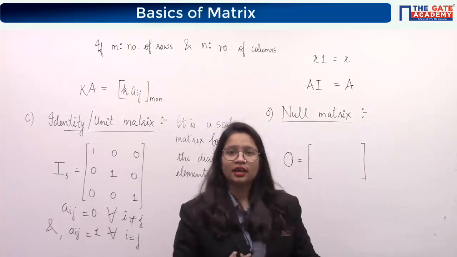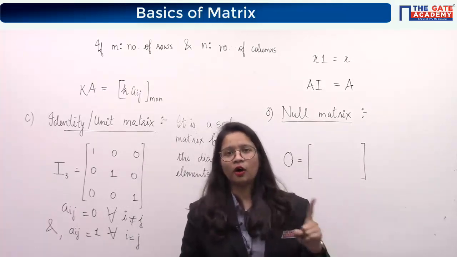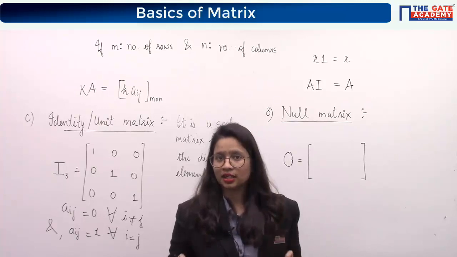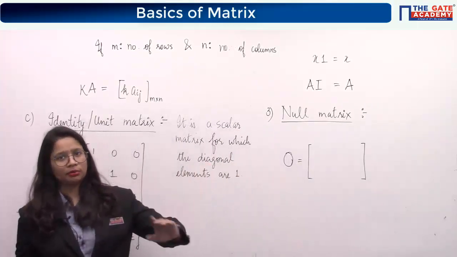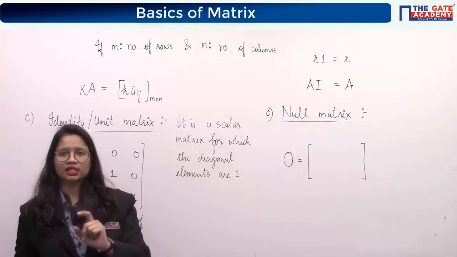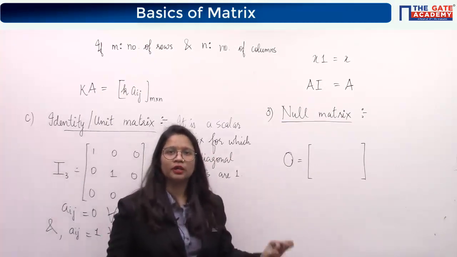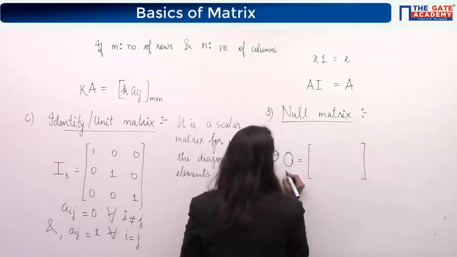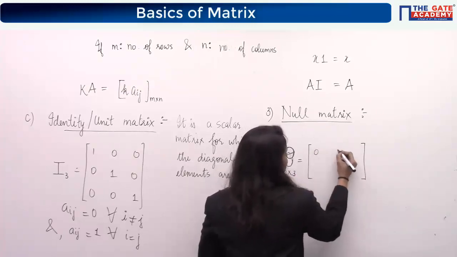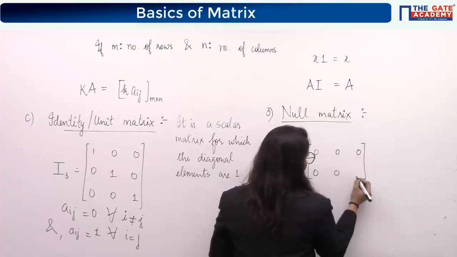Now the question is, will the null matrix be a rectangular or a square matrix? The answer is, it can be any matrix. It can be rectangular, it can be square also. The only condition is that Aij should be equal to 0. So let's say it is a 2 cross 3 matrix here, which has all the elements as 0.